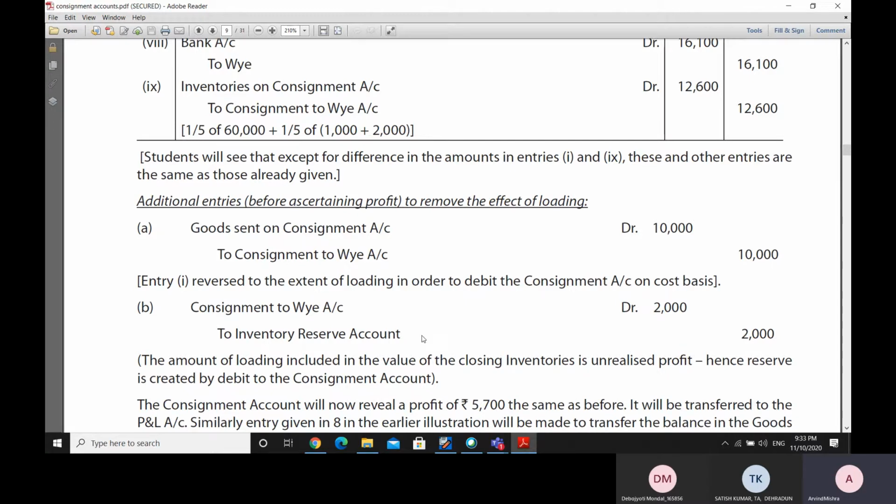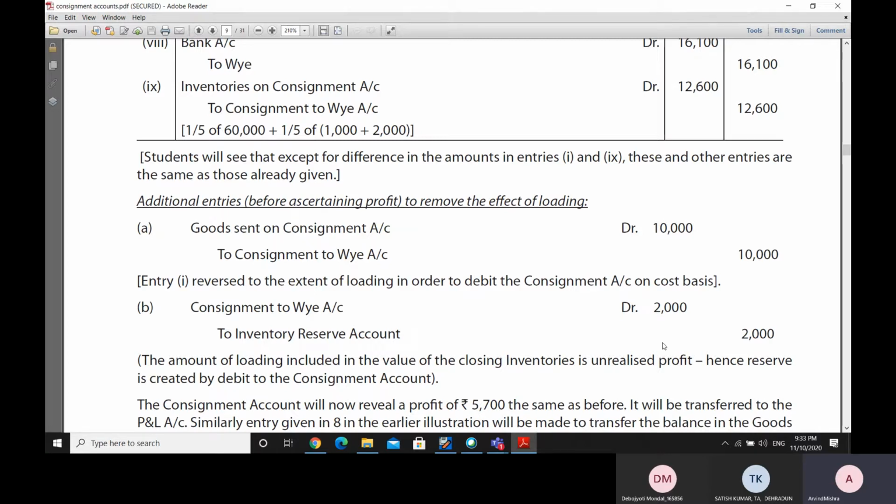This is the amount of the loading which is included in the value of the closing inventory. The amount of loading included in the value of the closing inventories is the unrealized profit, and hence there is a reserve created here by debiting the consignment account and creating this reserve account.